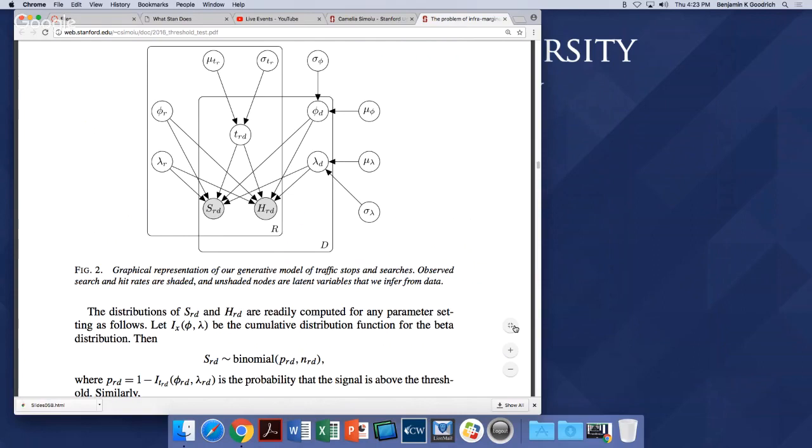I just kind of guessed, but I thought future predictions could use this to predict. This was data from 2009 to 2014. You could predict how many stops, searches, hits there would be in 2015, 2016, etc. Maybe if you can get data on those, you could validate your predictions. So yeah, that's a good answer.